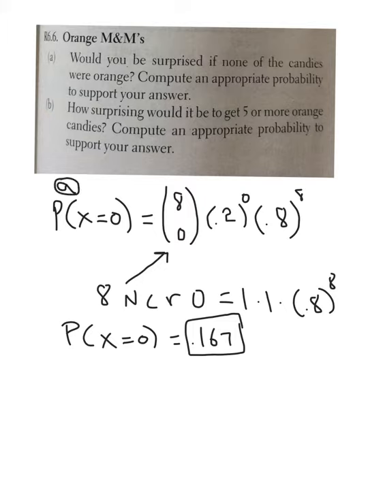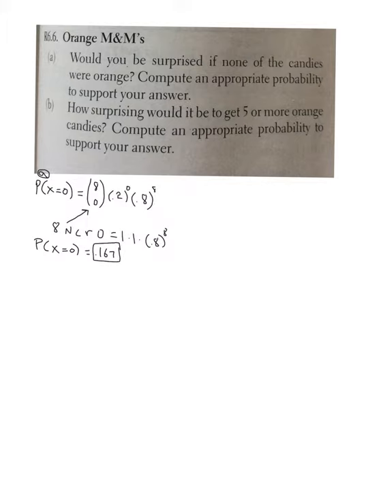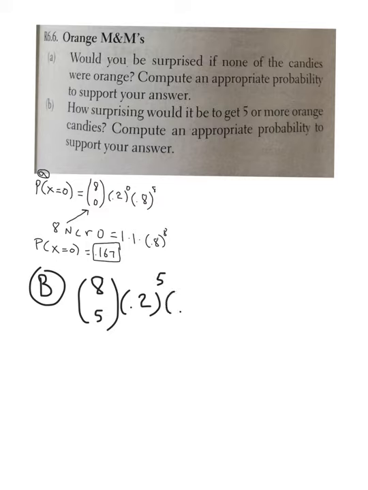What about letter B? So letter B says, how surprising would it be to get 5 or more orange candies? So we have to do this, I think. So here's B, and we're going to say it is 8 choose 5, and we're going to have 0.2, and we got 5 orange candies, and we got 3 that were not.